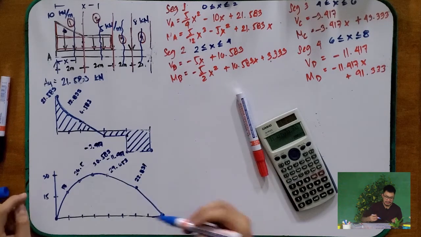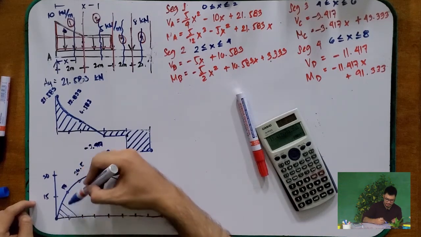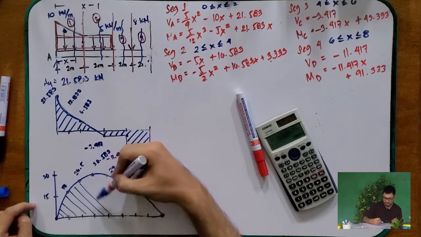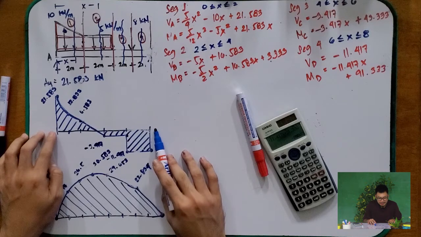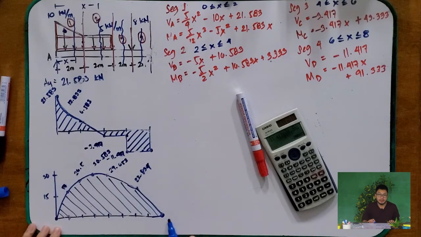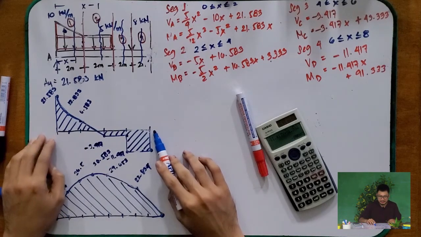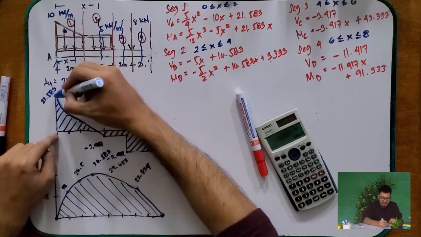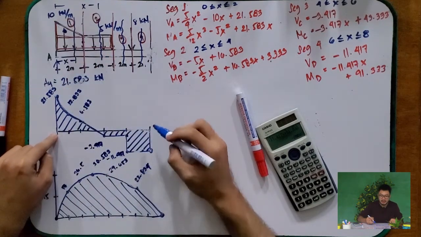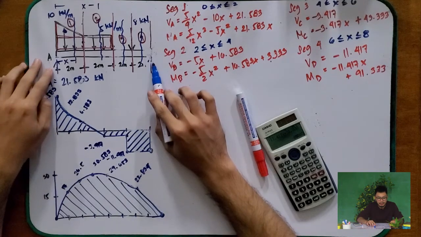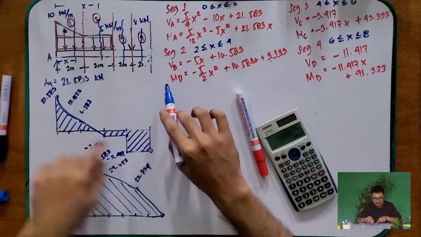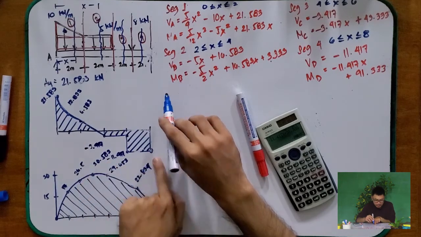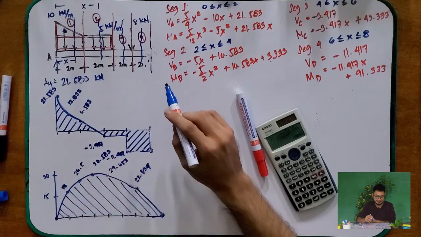So, and this is your moment diagram. Always take note. Always dyan na siya dapat mabalik og 0. Kani siya, ang values kani og kani, mao ni sila actually ang imong support reactions. 21.583 diri kay 11.417.